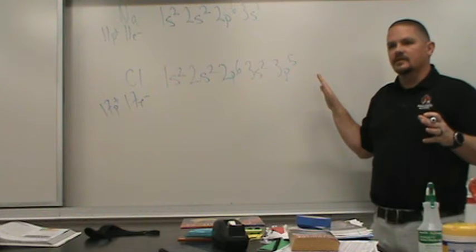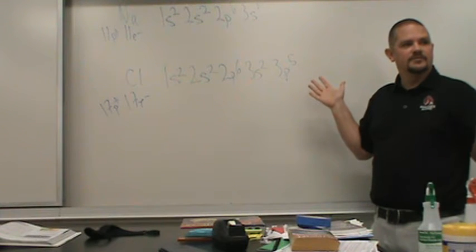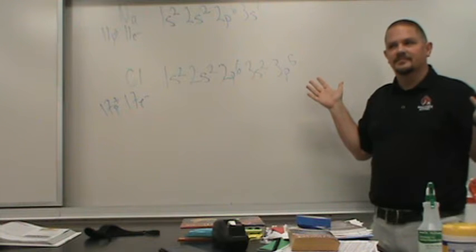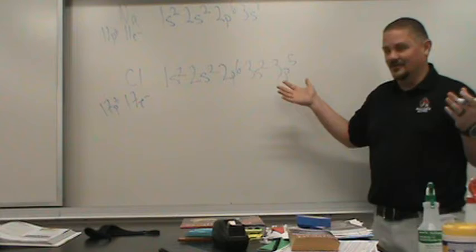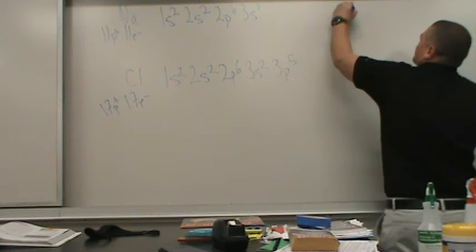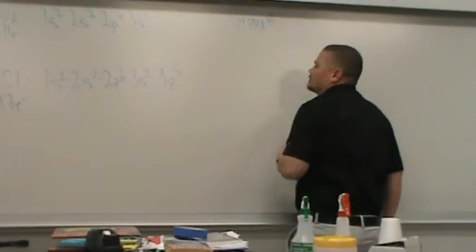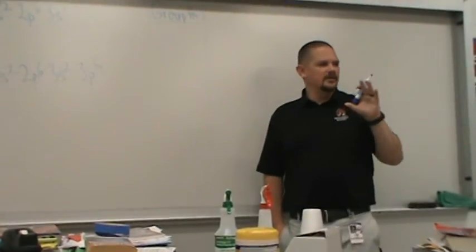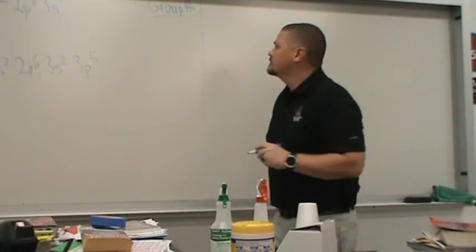Or we can use a very simple, easy way. Choice is yours. This way or the simple, easy way? Easy way. Okay. This works for the main group elements, groups 1, 2, 3, 4, 5, 6, 7, 8.